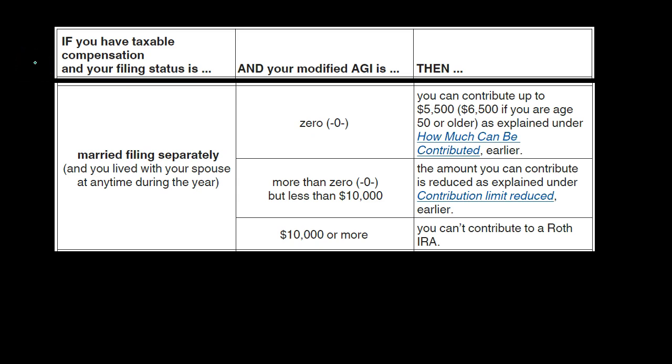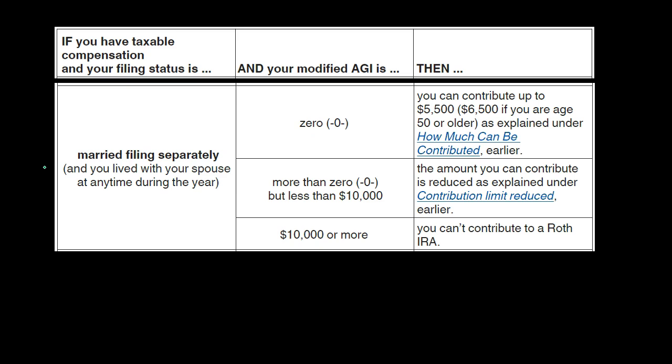If you have taxable compensation and your filing status is married filing separately and you lived with your spouse at any time during the year, in other words, there's no kind of special exception where you're separated, where you may have not lived with your spouse the whole year, then possibly there would be an exception, then this is kind of the worst filing status with regard to things like the IRA.